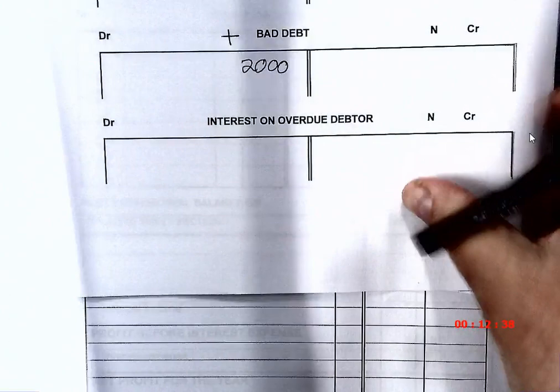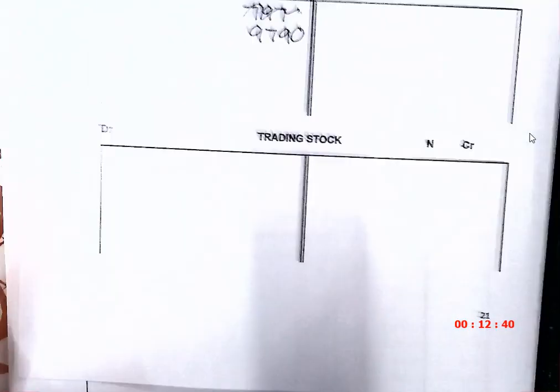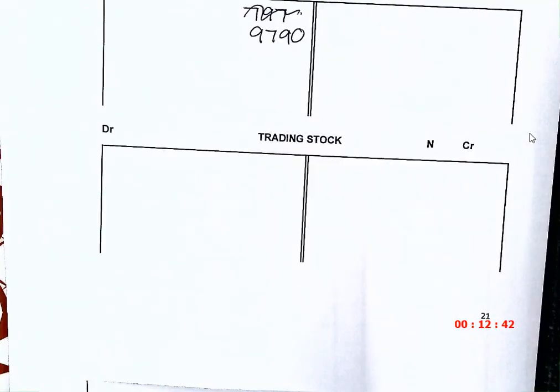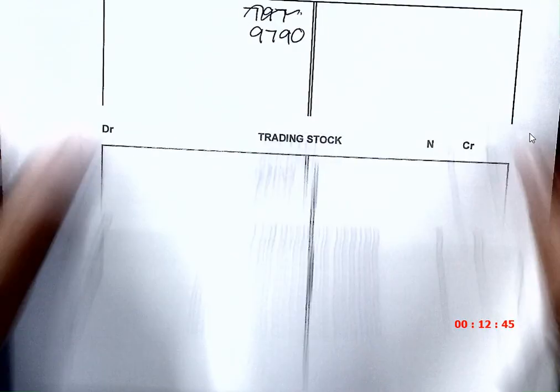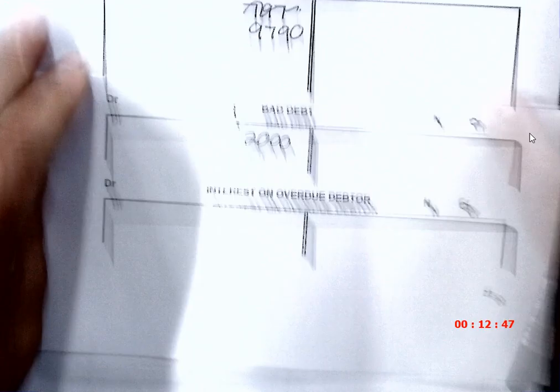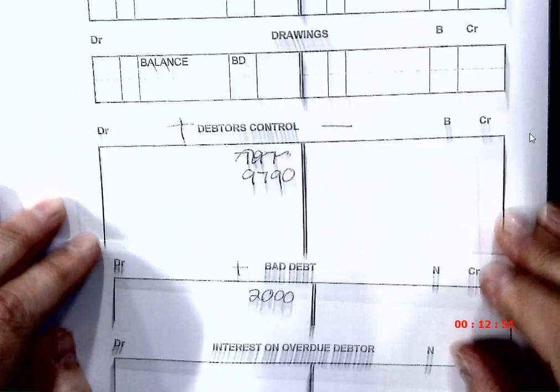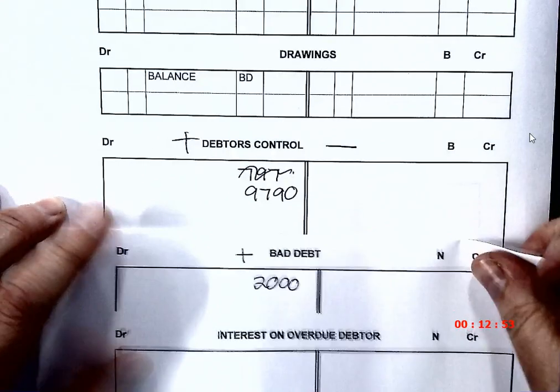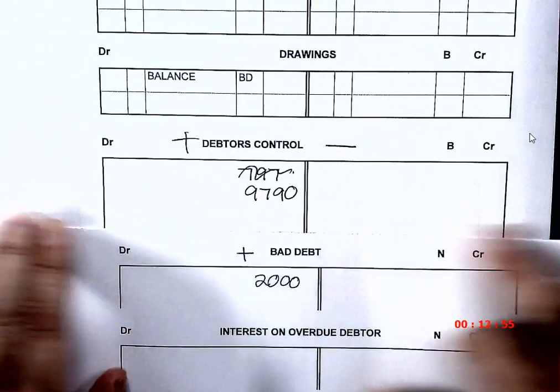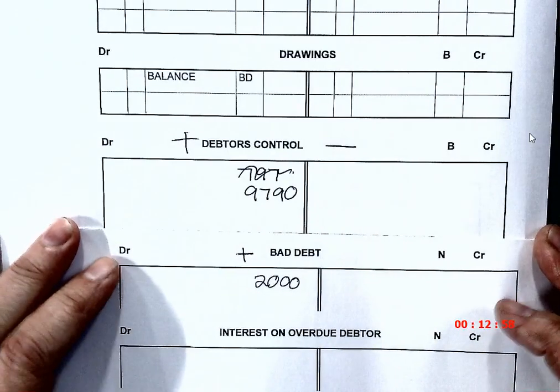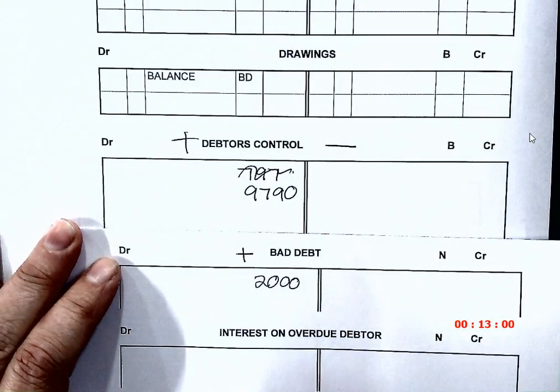Now, if I look at these two accounts, and I say I'm writing off a debtor's debt, what happens to the debtor's control?